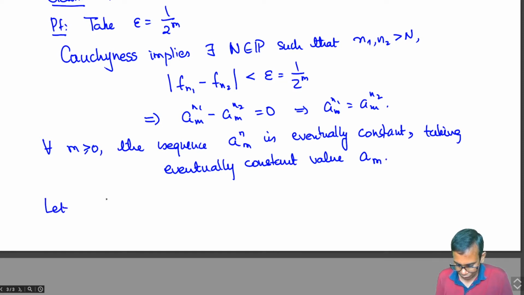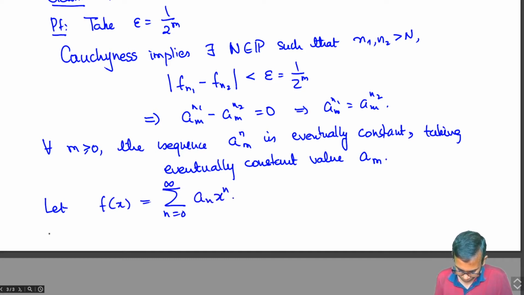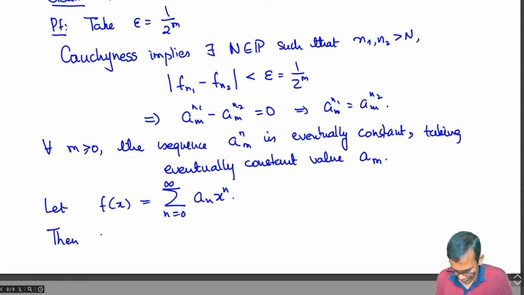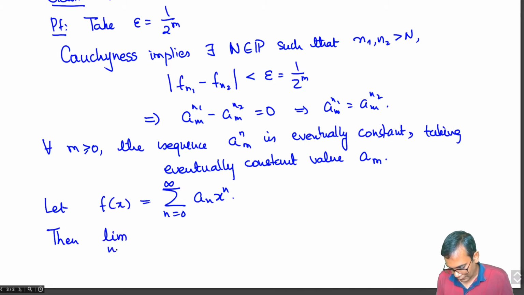Then you let f(x) be the summation n goes from 0 to infinity a_n x^n, and it is easy to see that the limit as n tends to infinity of f_n is equal to f. I'll leave that as an exercise for you to check.